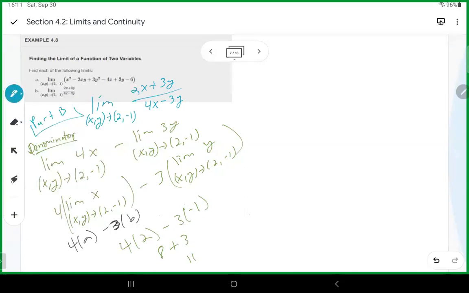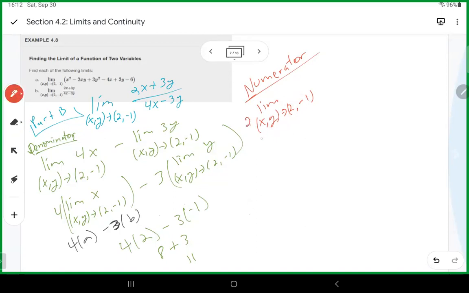We'll do it in red. So our numerator would be the limit xy to 2, -1 of 2x. Let's try to do it a little bit quicker.